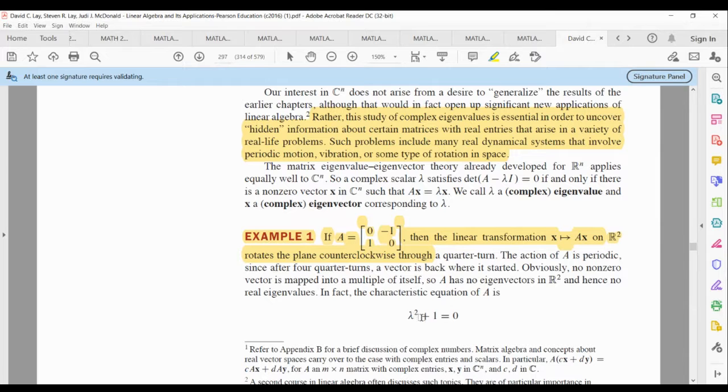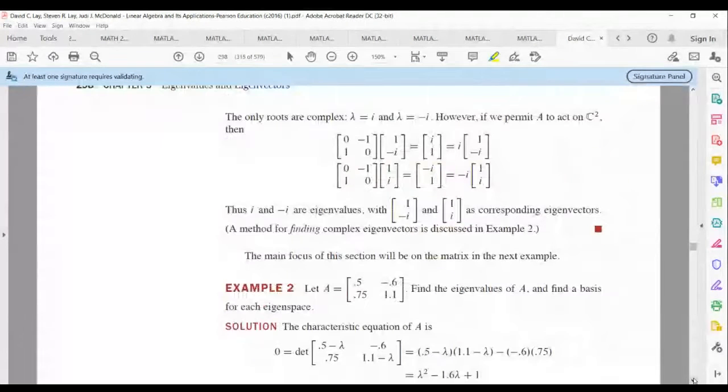But what's interesting too is if you look at the characteristic equation, which you get by taking the determinant of A minus lambda times the identity, you'll get lambda squared plus 1 equals 0. For this rotation matrix, it turns out that it has complex roots. That is no accident.